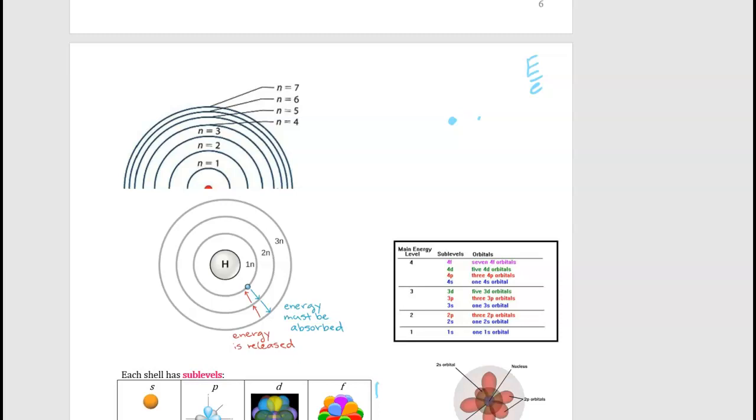For some of you who are going to take chemistry 1 or chemistry 2 and so on, it's good to know that electrons can jump from shell to shell. This diagram shows us this. If an electron absorbs a certain amount of energy, it can jump to a higher energy level.